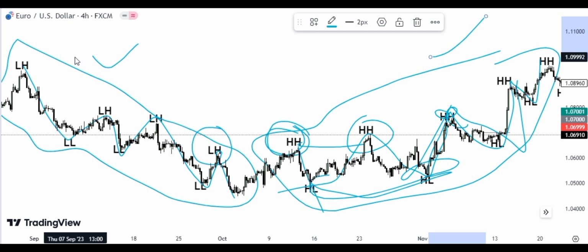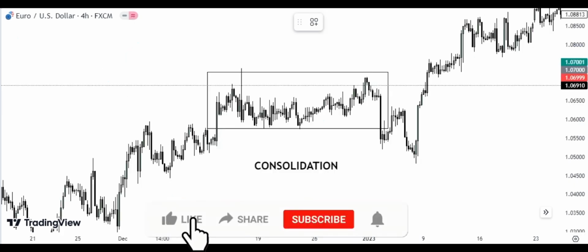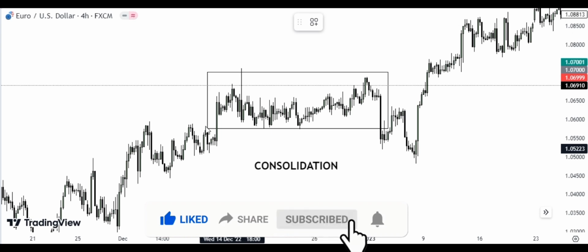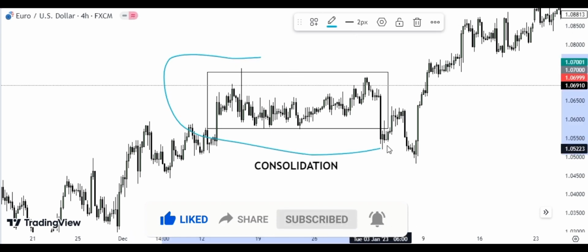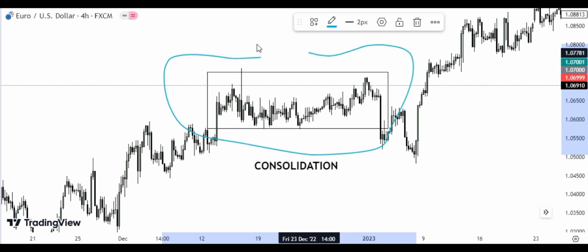That's an example of consolidation on a chart, so you can see for yourself. Okay guys, I just saw this chart on EURUSD, and I had to circle it out. You can see that this is an example of a consolidation. You can see what price did here.